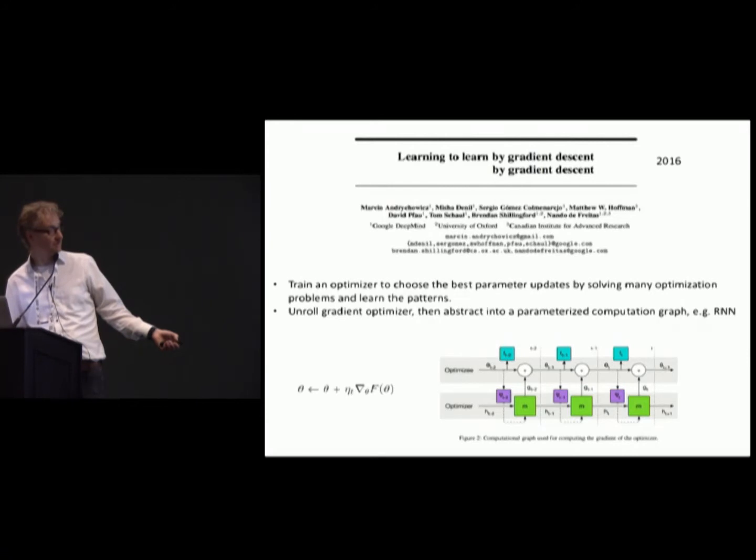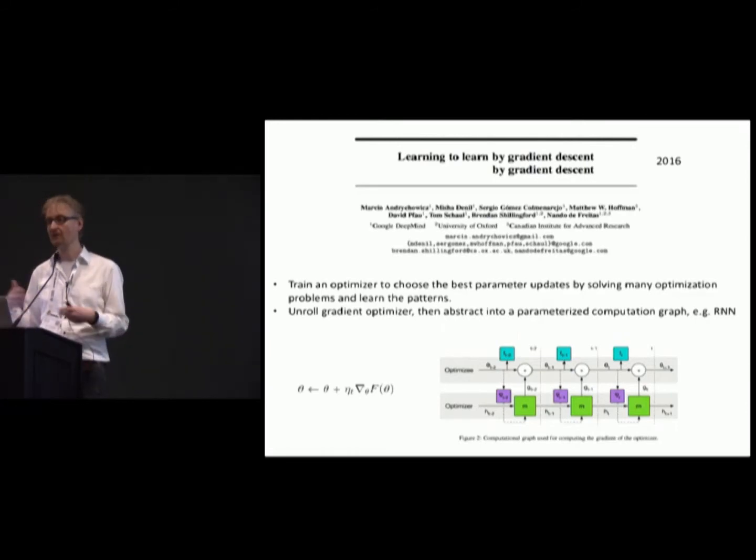It takes in the gradient information, because gradient descent depends on it, it takes the previous state, and it takes a memory state. You can feed in a whole lot of information, and you can learn it to do the right update. But then how do you train this? Well, you have to train it by looking at a lot of optimization problems or learning problems. So you feed it a lot of learning problems, and then you have it figure out how to best optimize.